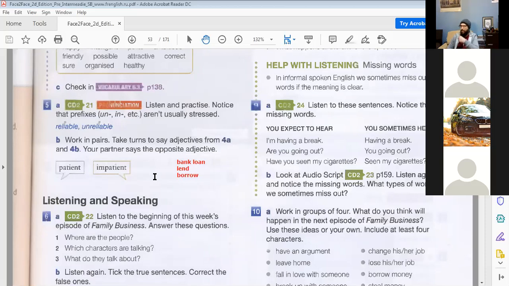Okay. So, Samiha? Take money from a bank and return it after a specific time. Exactly. This is a bank loan. So it's the money you take from the bank and then you give it back at a specific time with interest.